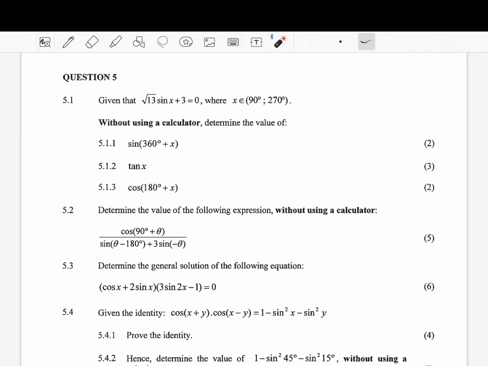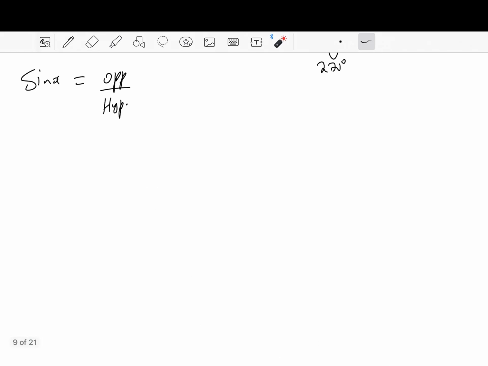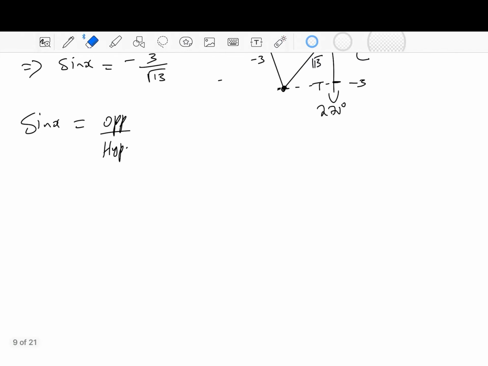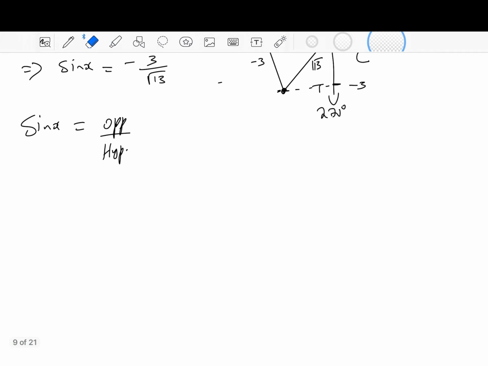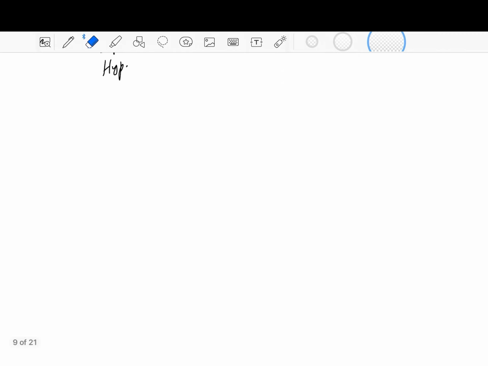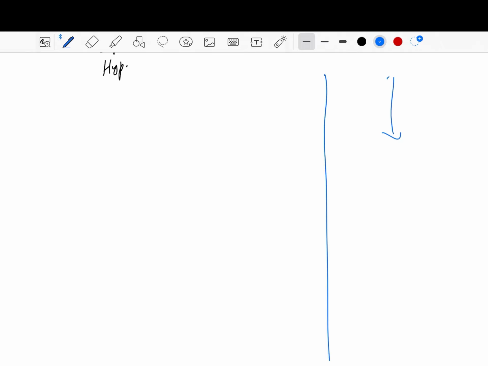Okay, so what you need to know before we even jump into the question. I'm going to give you things that you need to know, and every time I'm answering a trigonometric equation, I always, without fail, consider these things. Number one, you need to know your CAST diagram. Let's just zoom in.